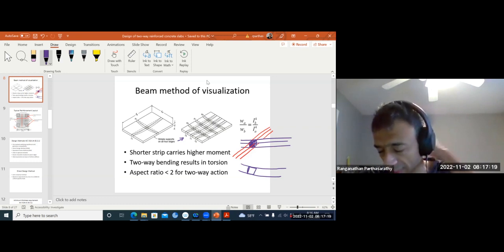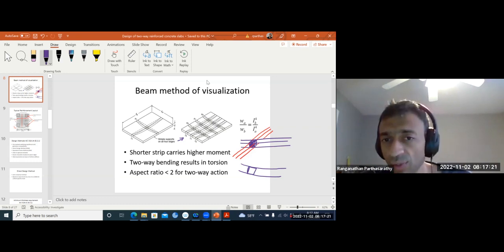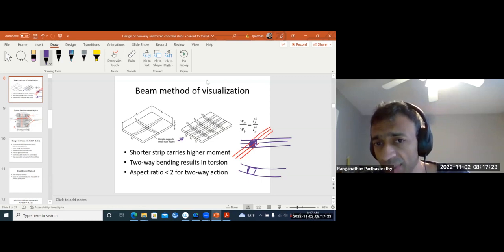So the S2 cannot bend as freely as if it were just independent bendings in the two directions. The bending in one direction also makes it stiffer in the other direction. So do you see?